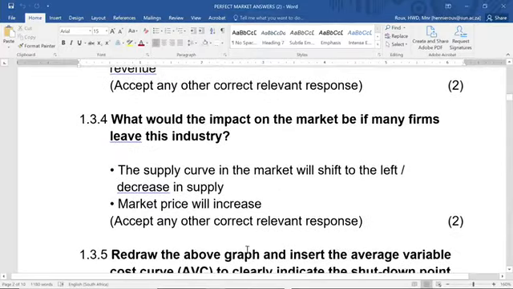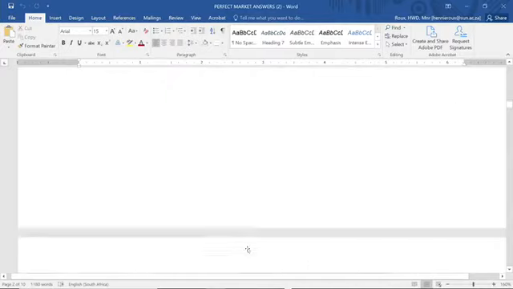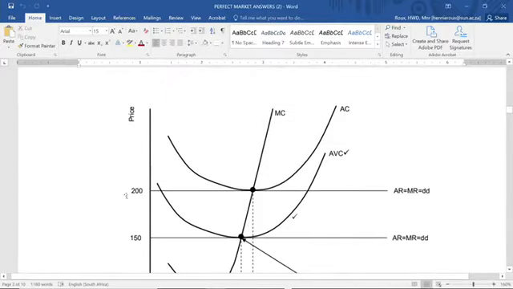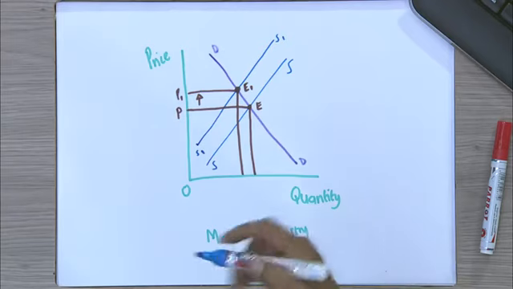Then also to explain the point here, that drop in price. What will cause that drop in price? So as supply decreased, we see the price went up.